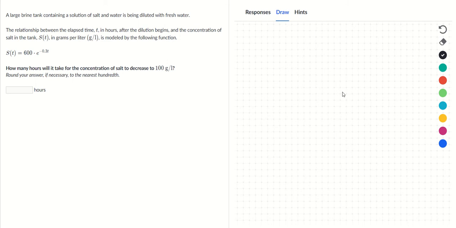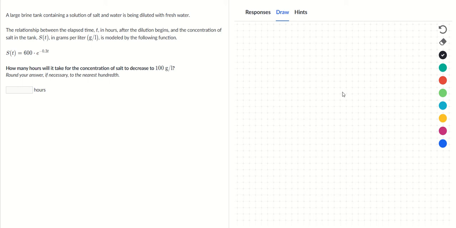Let's take a look at this problem. Remember that all these problems have to do with logarithms. A large brine tank containing a solution of salt and water is being diluted from fresh water. The relationship between the elapsed time t in hours after the dilution begins and the concentration of salt in the tank, S of t, in grams per liter, G/L, is modeled by the following function.